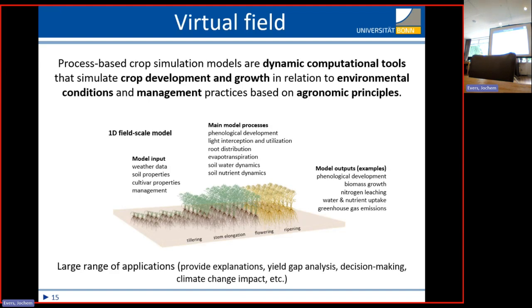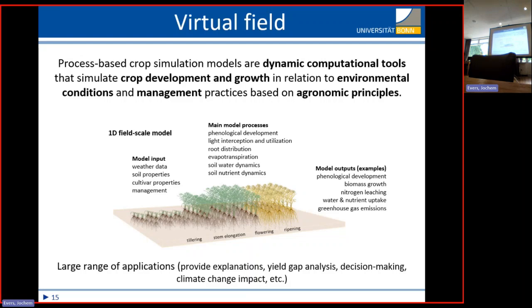Here are some examples of processes. So first of all, maybe to distinguish this kind of model to what Jochen will explain later, it's a 1D model, so it simulates, let's say, one homogeneous field or one homogeneous plot. So there are no interactions, no vertical, horizontal water flow or so. It's a 1D column.